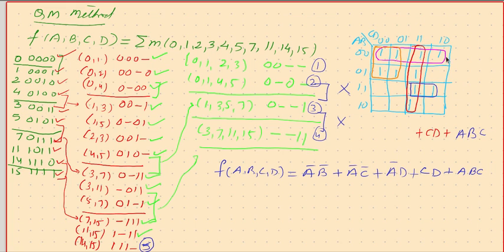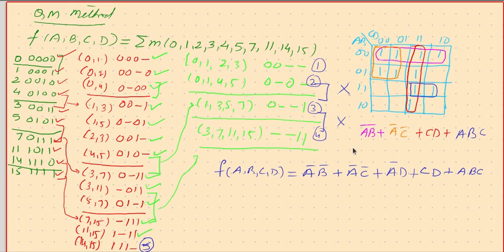Then what this pink one says, it is A bar, B bar, and what this orange one says, here it is A bar, here it is C bar.